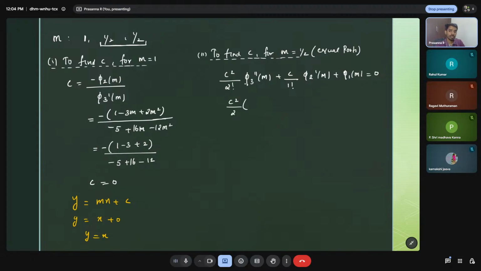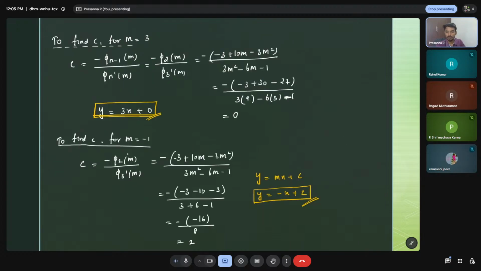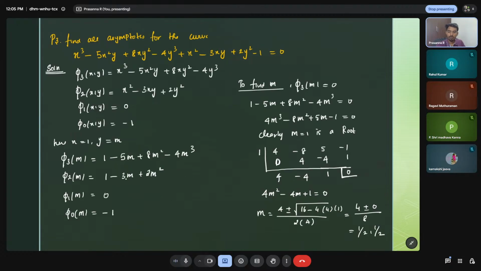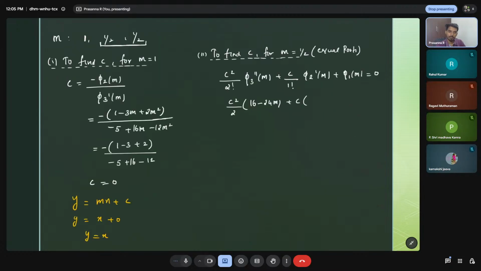Now p3 double dash of m. We already know p3 dash of m. So p3 double dash will be 16 minus 24m plus c p2 dash of m. So p2 is 1 minus 3m plus 2m square, so p2 dash is minus 3 plus 4m.